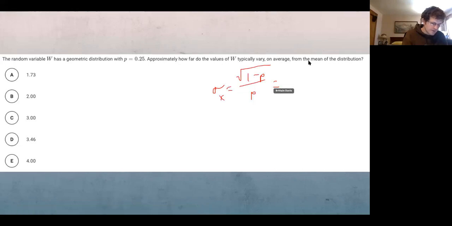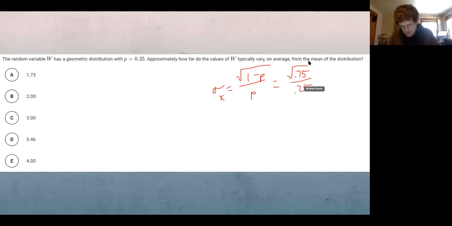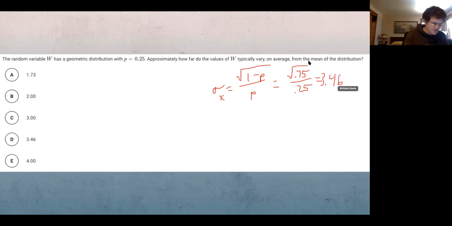So that's going to be the square root of 0.75 over 0.25. And we can just figure that out real quick. It's 3.46. There's the answer.